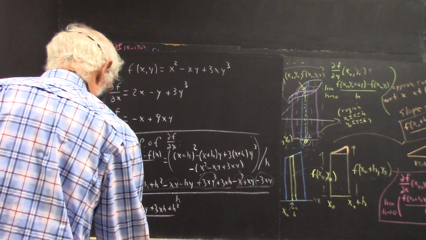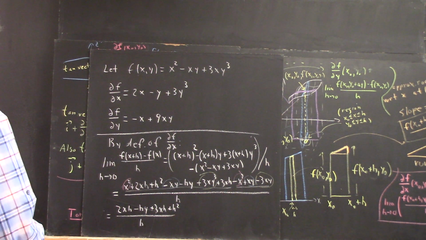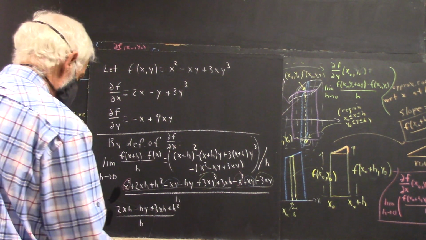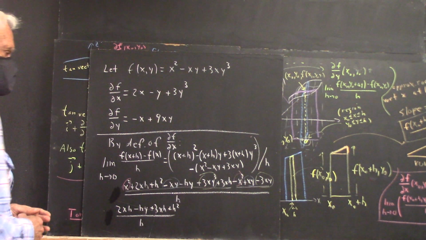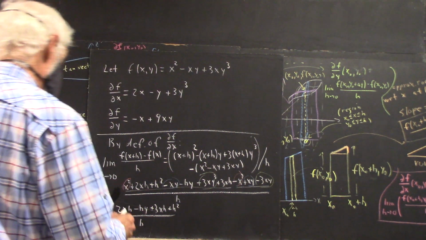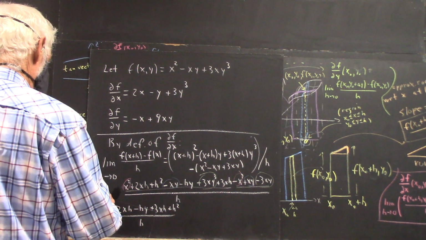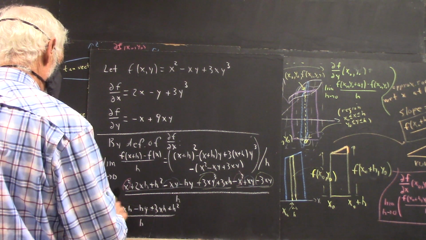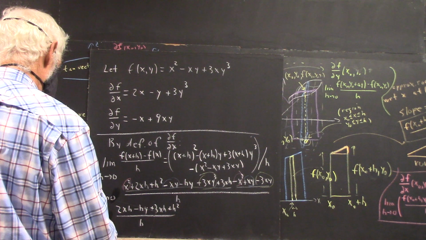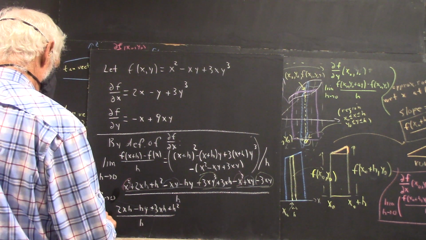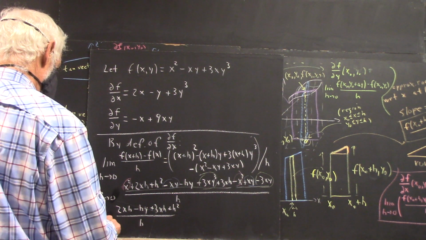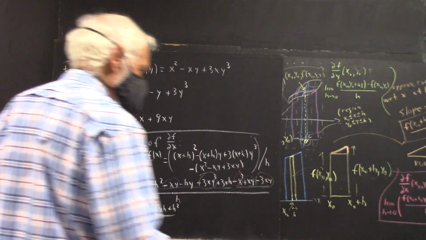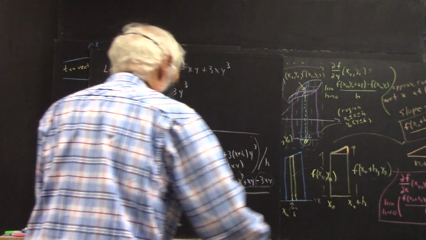And talk about being careful about the way you write things out. I've been doing this. I get tied up in the algebra and I forget to write limit, right? It's a limit as h goes to 0. And I don't know how I'm going to get limit as h goes to 0 in here. It's going to have to be a pretty small number.